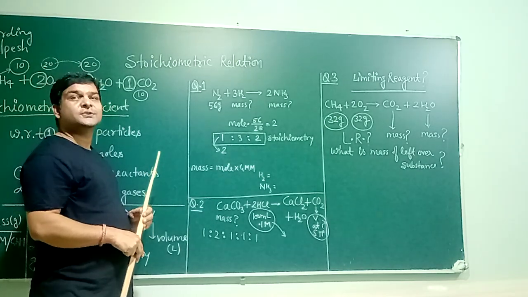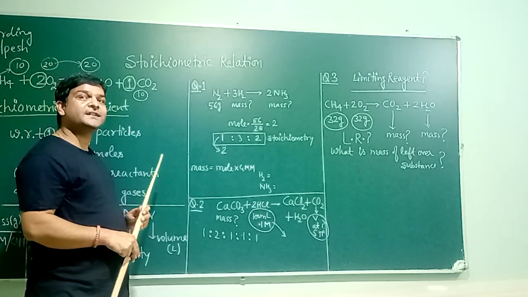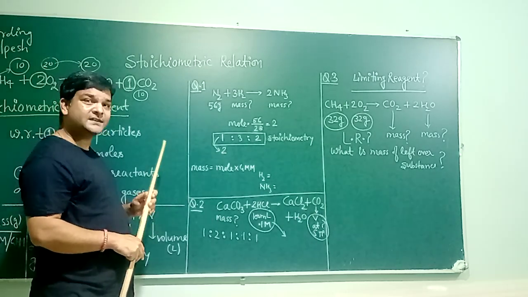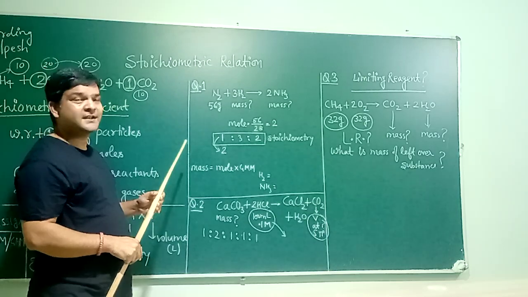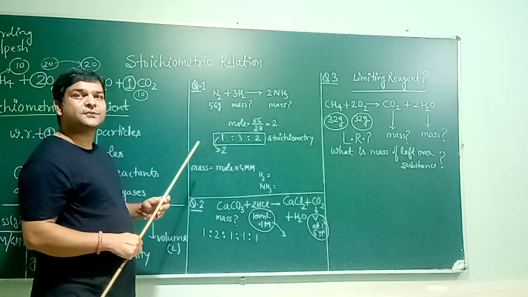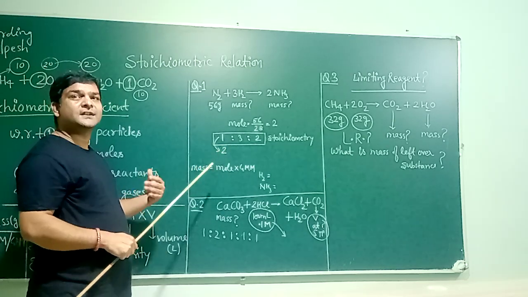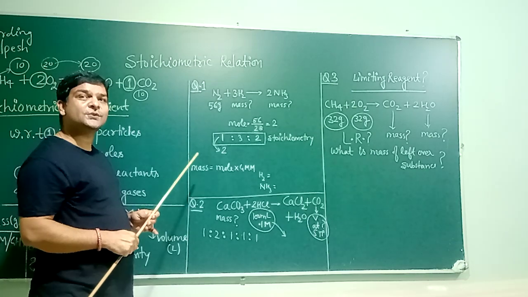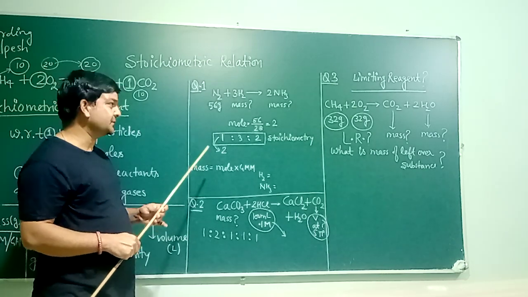But remember, you have not studied anything related to a law of conservation of volume. There is no such law applicable. Remember, never try to total the volume of reactants and compare it with the volume of products. There is no such law which says law of conservation of volume.